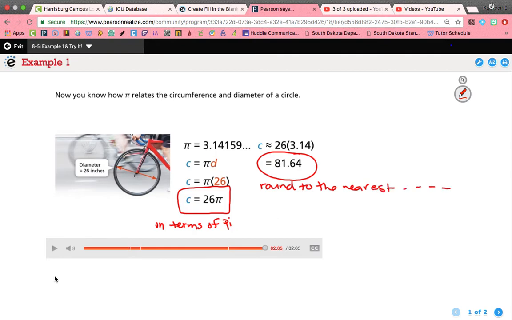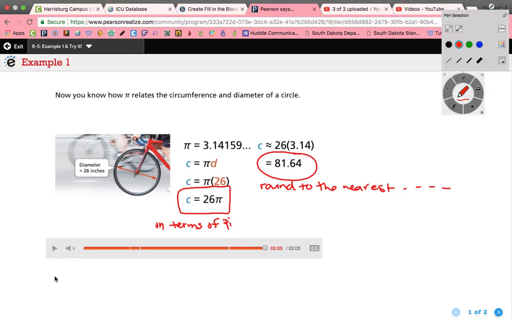So be careful at the very end of each question, whether it asks you for in terms of pi or to round to the nearest whatever. In terms of pi means have your pi, the symbol, in your answer. And round to the nearest means use 3.14 and actually multiply.